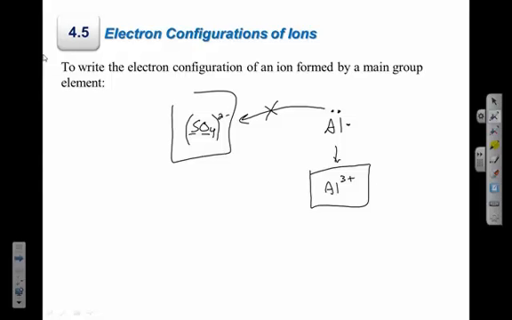So if I join them together and make a compound, I need to make sure that I have enough of the aluminum and the SO4 so that the overall charge is balanced out. So how many of each do I need? Well, I can take the exponent of one and make it the subscript for the other.